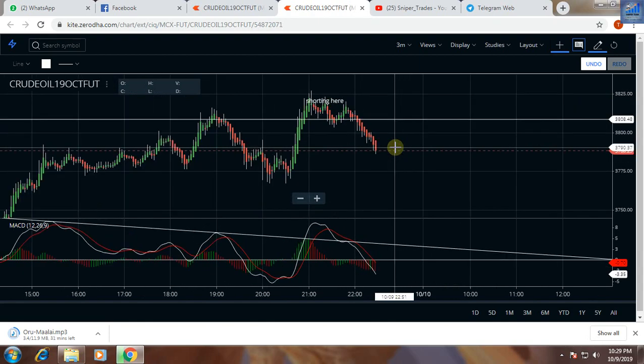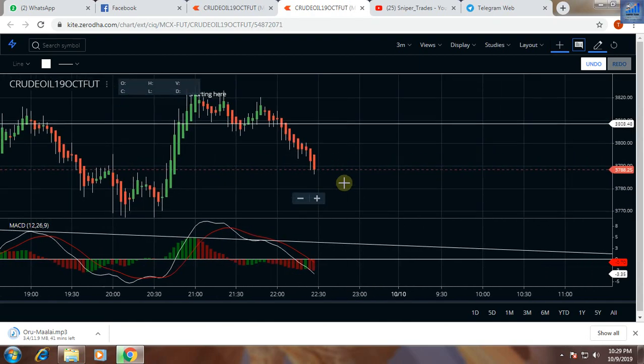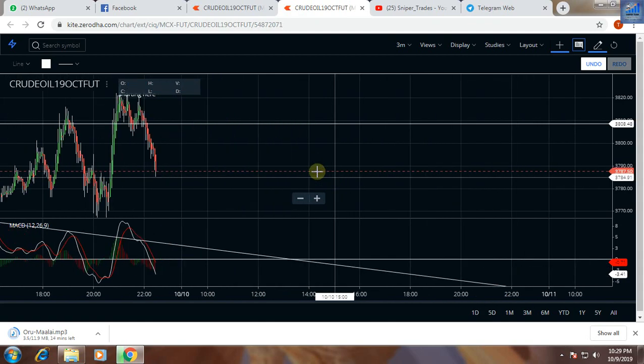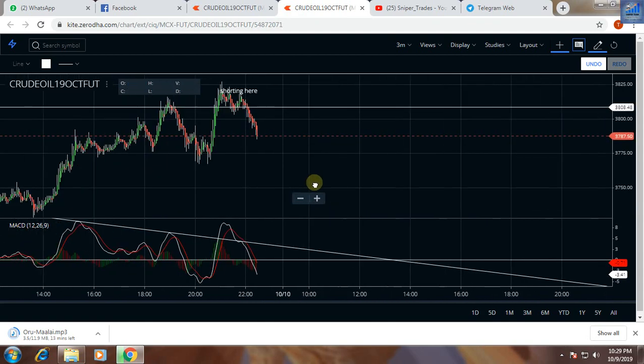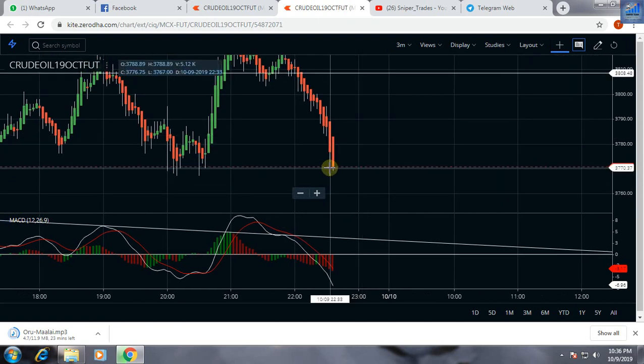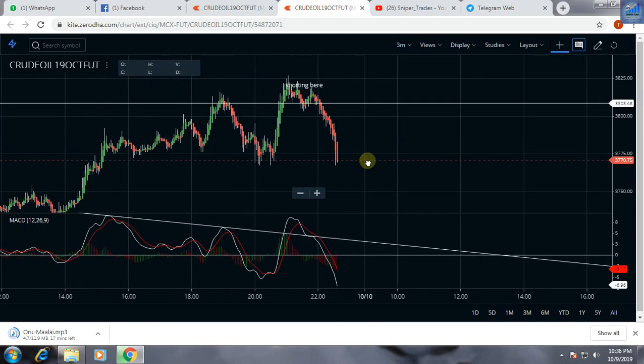So let's wait and see if the price can move further downwards also. The low made till now is 3785 and the price is still coming down. See, it is moving further downwards. It has made a new low of 3767 and it should continue to fall.